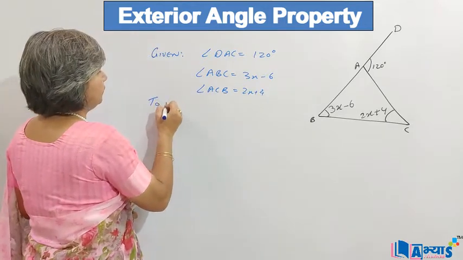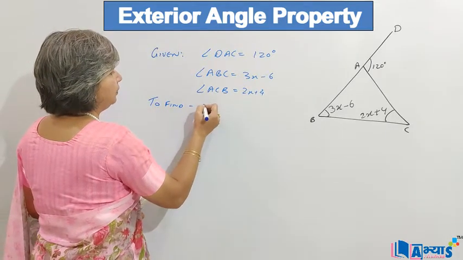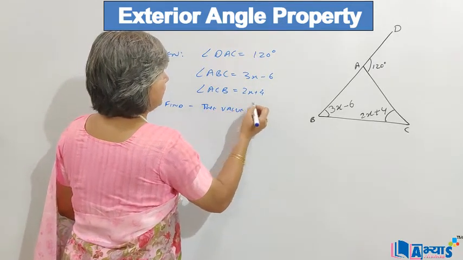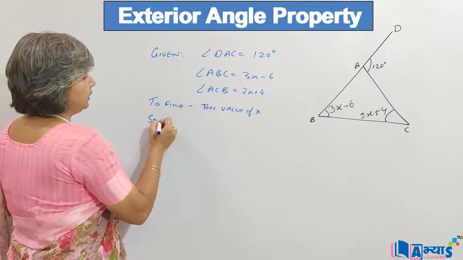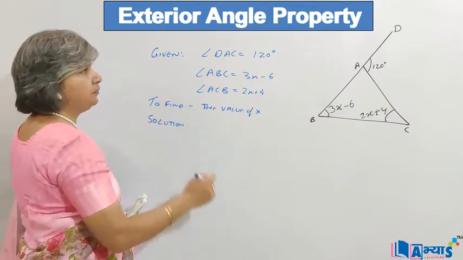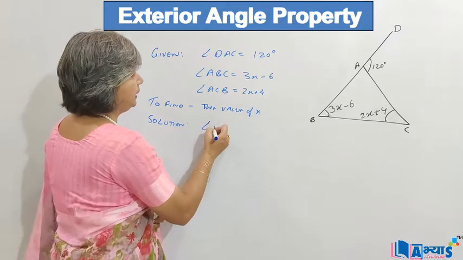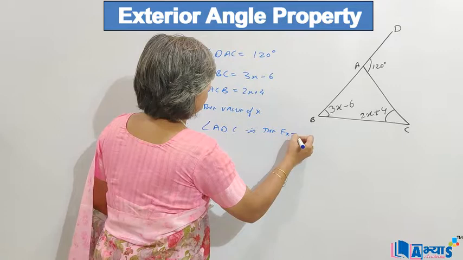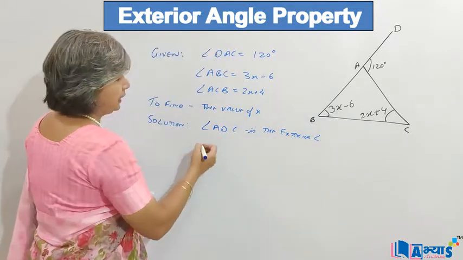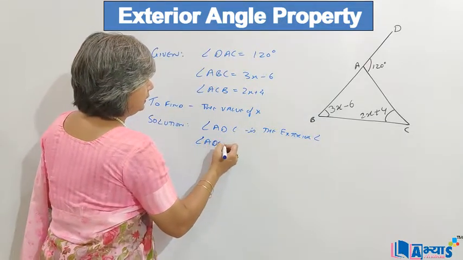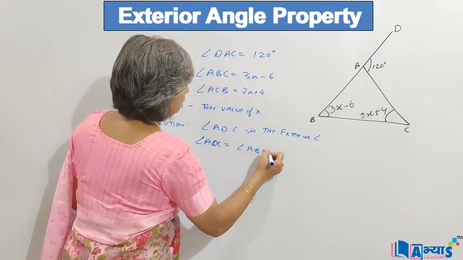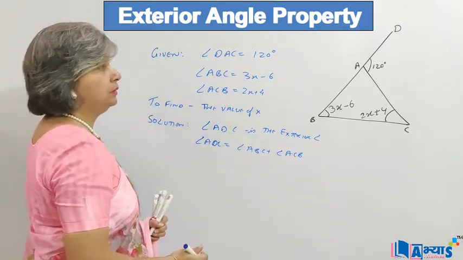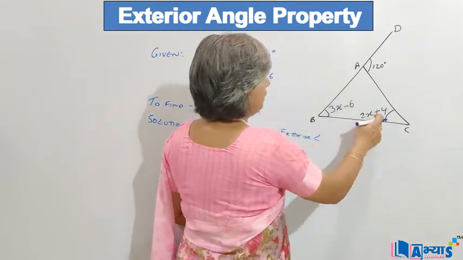We are supposed to find the value of x. So the solution is, as we know that angle DAC is the exterior angle, therefore angle DAC is equal to angle ABC plus angle ACB, because the exterior angle is equal to the sum of interior opposite angles.